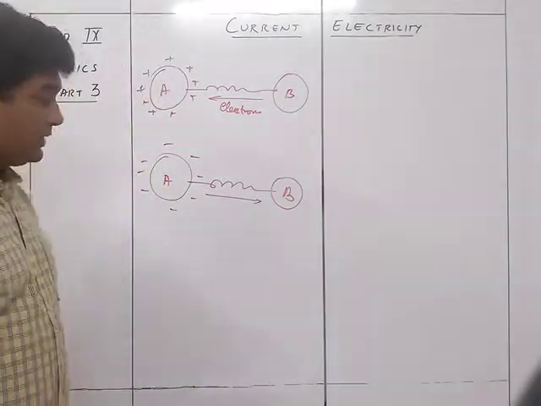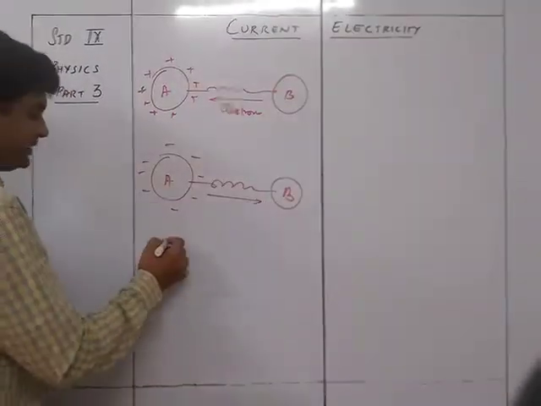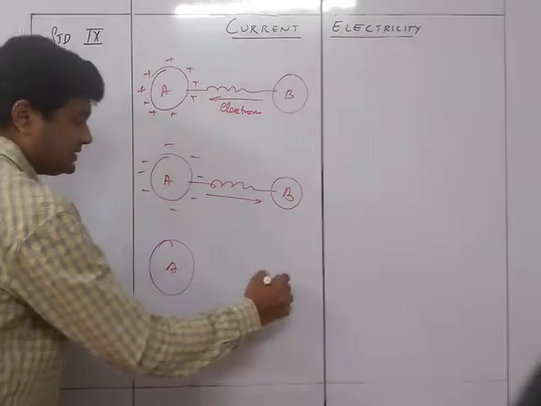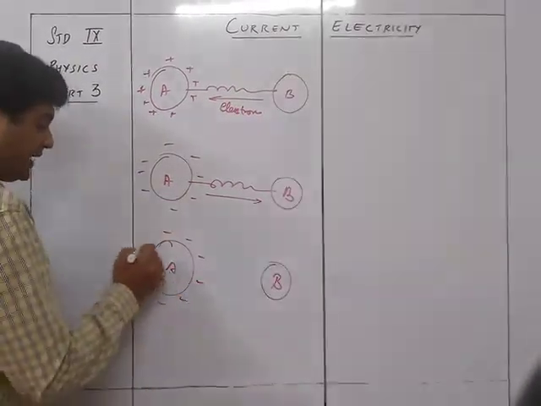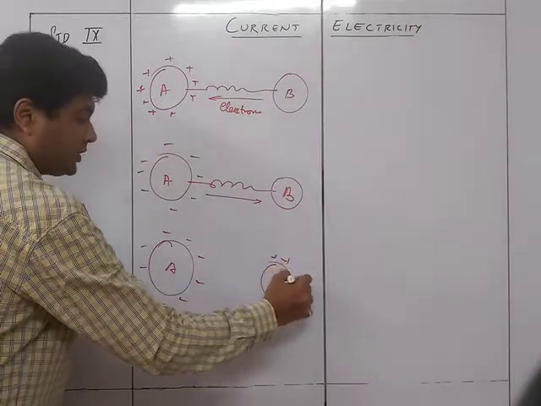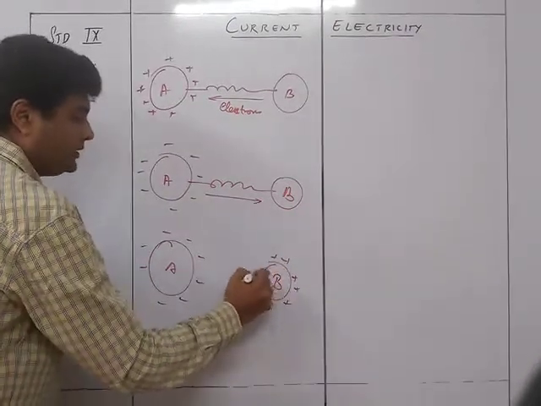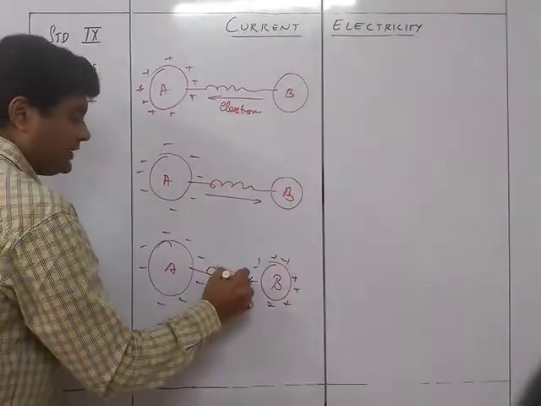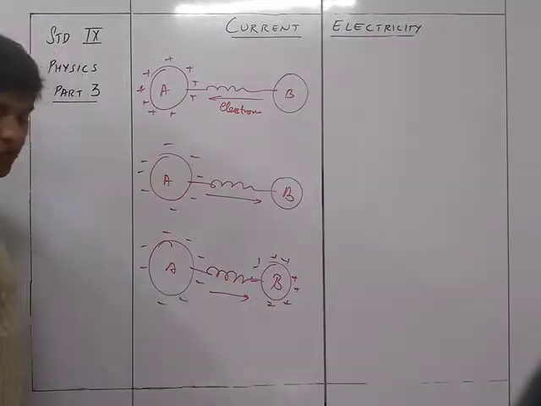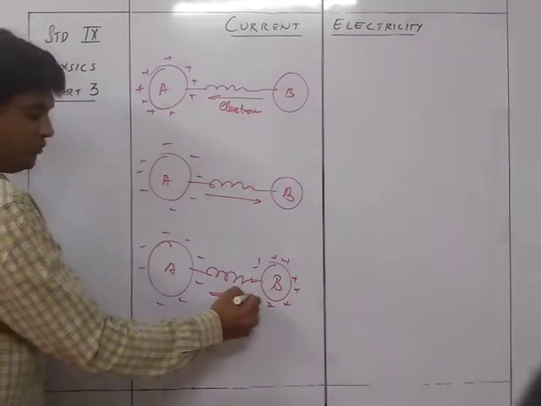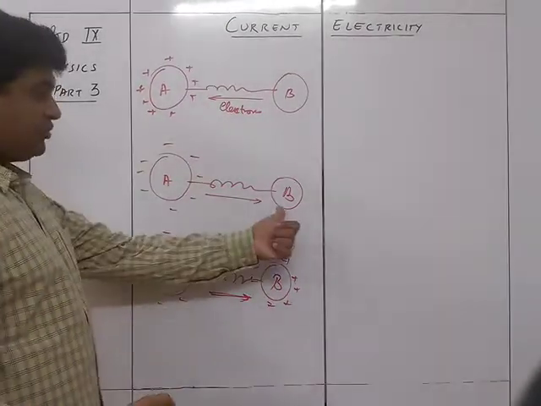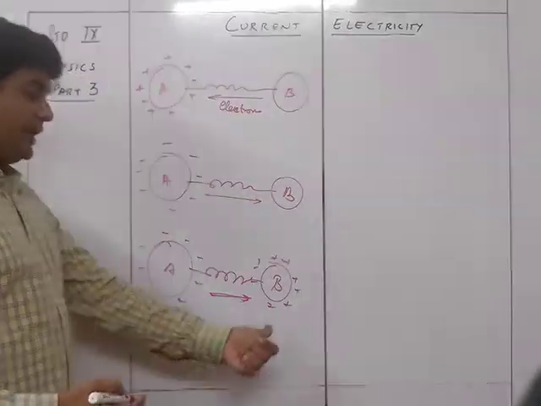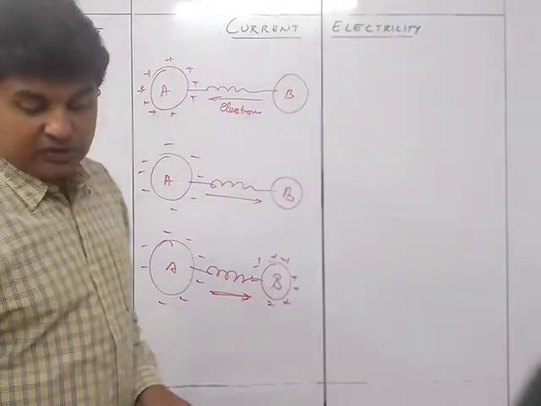And now if I have it this way, that this is A and this is B, such that this is negative charge and this is positive charge, you will find that the electrons are going to flow from A to B, in this case also when it is uncharged, and in this case also when it is fully charged.